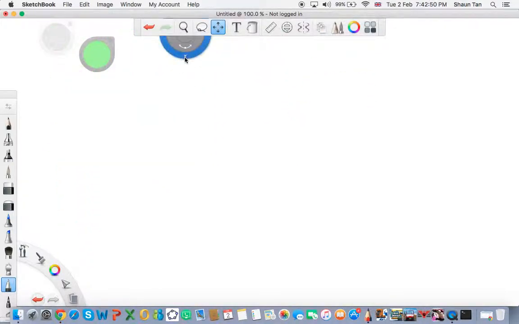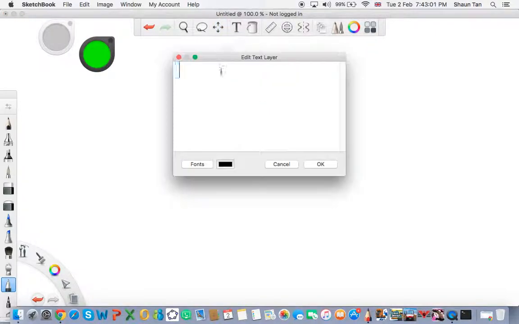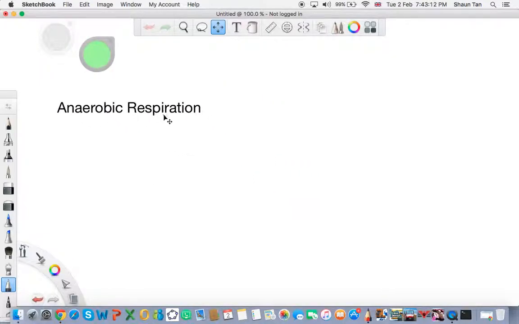So now I'm going to give you the chemical formula for aerobic respiration. Actually, first we'll talk more about anaerobic respiration and then aerobic respiration. So anaerobic respiration.